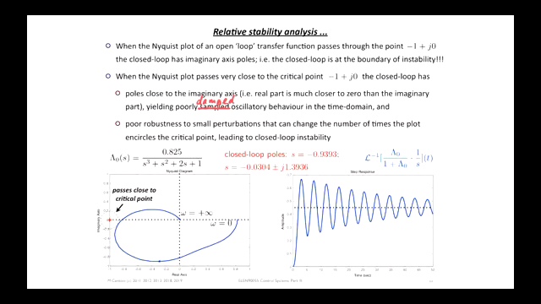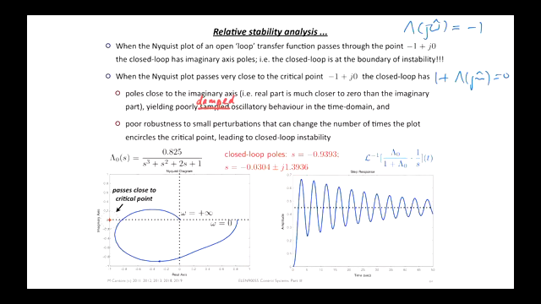All right. So we know if the Nyquist plot hits the critical point, there will be a frequency at which lambda(j omega hat) is equal to minus 1. Well, if that's the case, 1 plus lambda(j omega hat) is equal to 0.